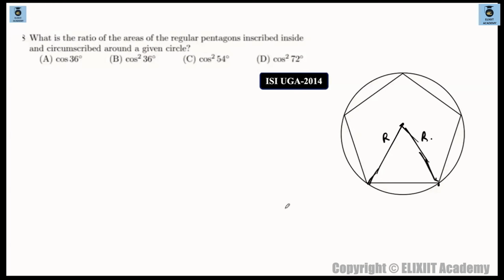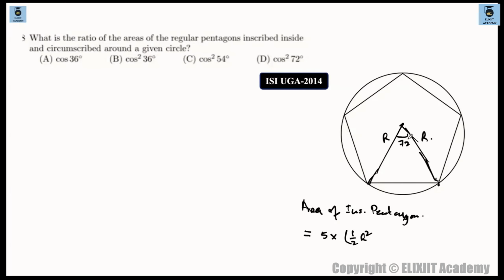तो area of one pentagon माने the inscribed one, area of inscribed pentagon, this pentagon will be how much, this pentagon will be 5 times, 5 such triangles will be there, 5 times half BC sin है, तो half r² sin angle enclosed between them, and how much is this angle, angle will be 72.